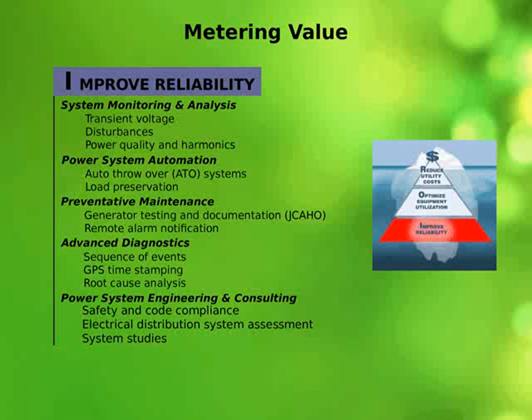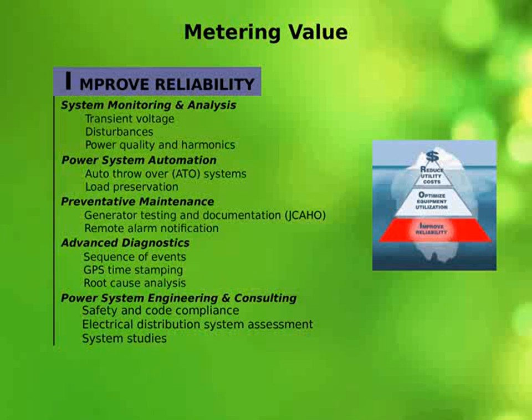And most of the time, these are common elements that can cause disturbances internally to a network distribution system, and can cause outages and or failed equipment. Power system automation, things such as automatic throwover systems, load preservation.